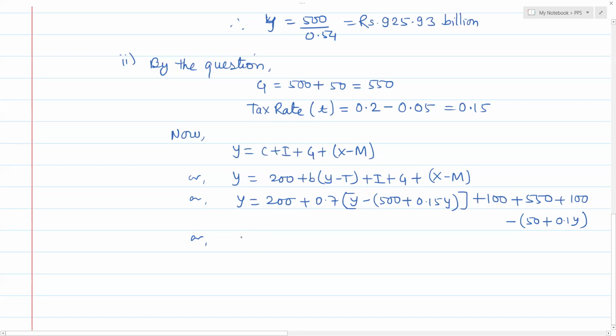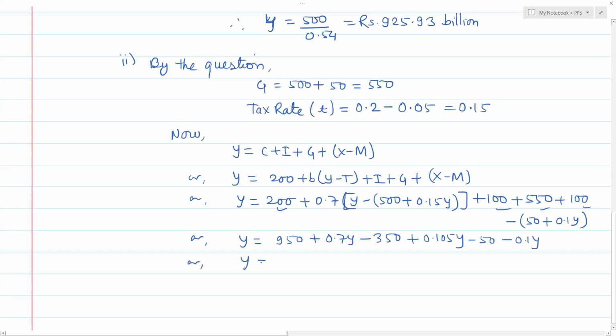Now let me solve this. Y as it is, and 200 plus 100 plus 550 is 950, plus 0.7y minus 350 plus 0.105y, minus 50 minus 0.1y.